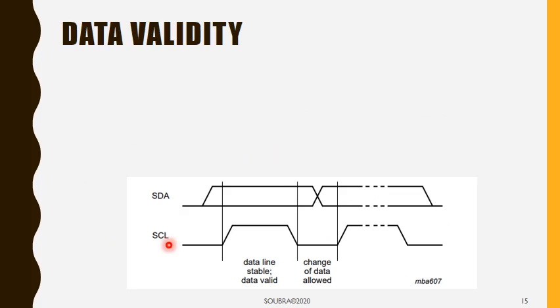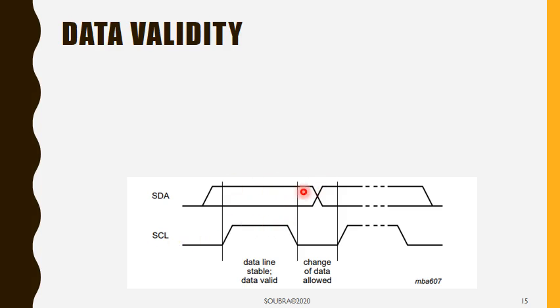Alright, so a new and important thing here is data validity. Before putting up the text, I'm going to try to explain it. I have my master, with some generated clock signal here. If I want my data to be valid on the SDA line, the data should never change whenever the clock is high.